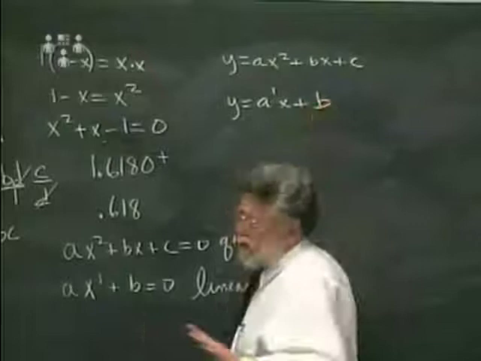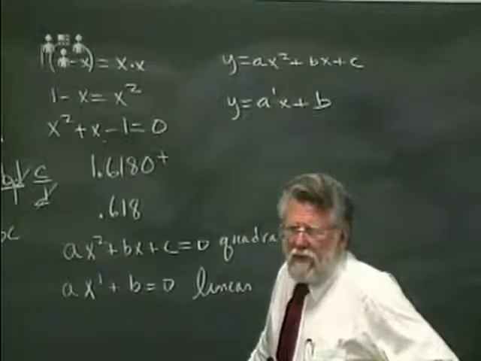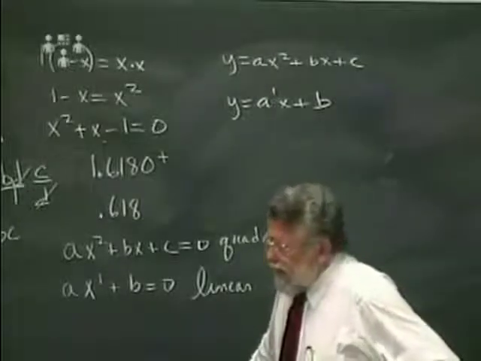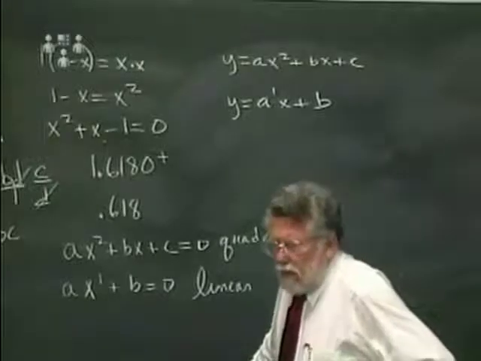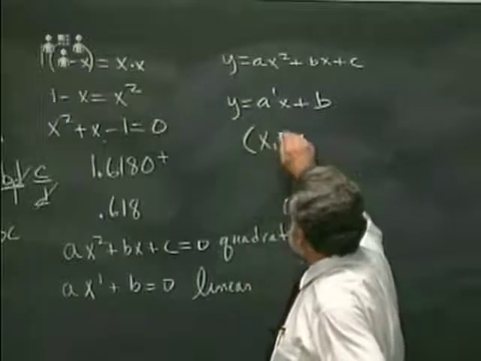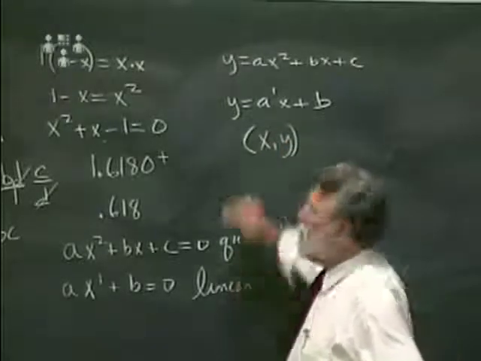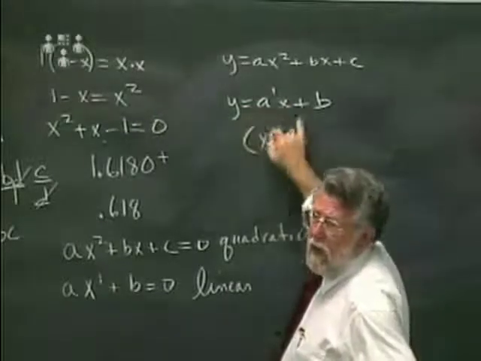Now again, just informational. I'm not asking you to do anything with these. But the point is, you know how to plot ordered pairs. We did that in the simple closed curve unit. We plot ordered pairs. Well, if you look at the ordered pairs, x, y, that we could use for these two different equations, all the ordered pairs that make this one a true statement are on a line.